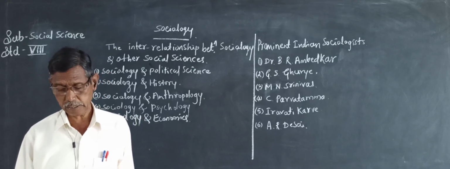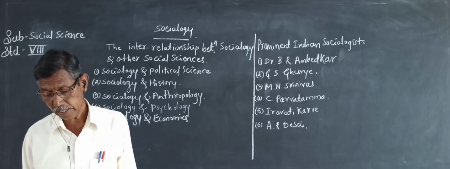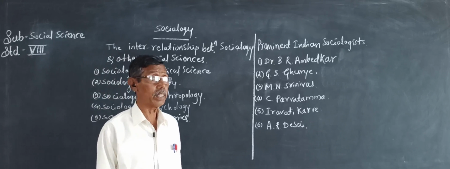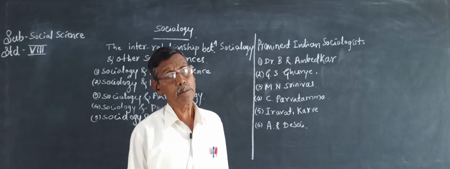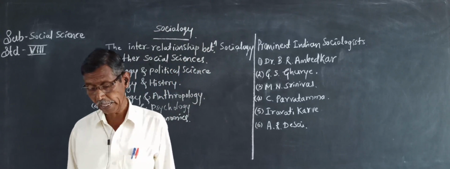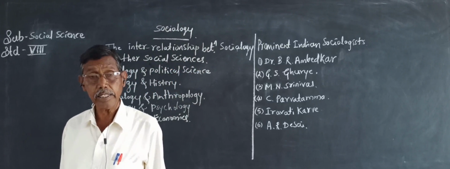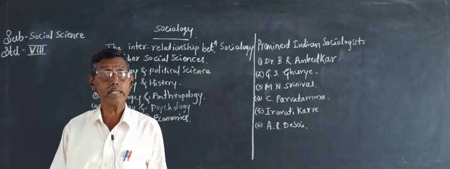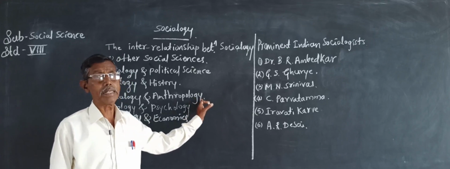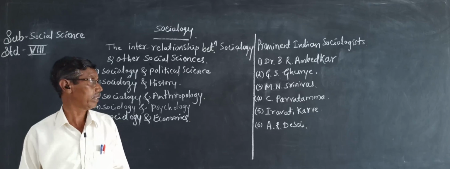These are the major works of A.R. Desai. He was also associated with the Indian Sociological Society. He is identified as a Marxist sociologist because he followed Marxist ideology in all his sociological works.